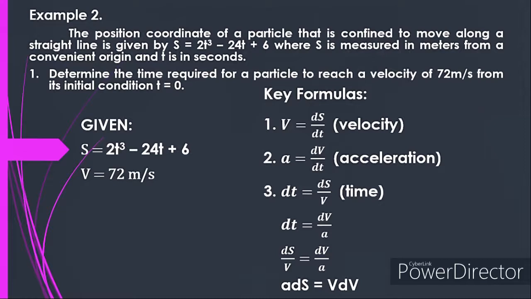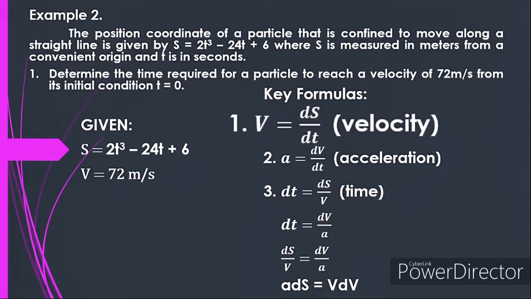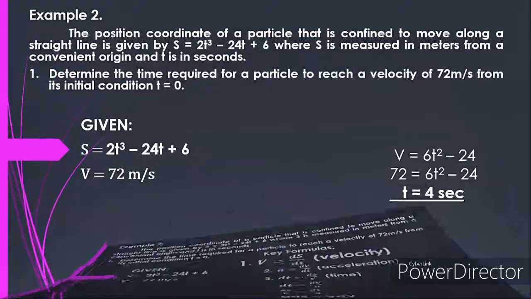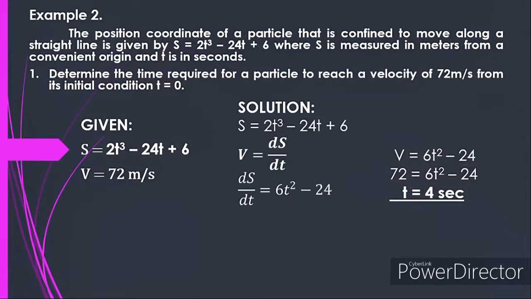Ngayon, since given si velocity, we can use the formula V is equals to ds over dt. So, S is equals to 2t cubed minus 24t plus 6. V is equals to ds over dt. So, differentiate yung distance formula natin will result to 6t squared minus 24.